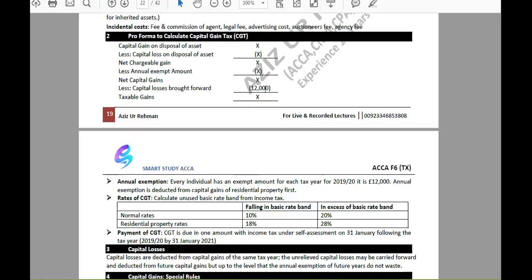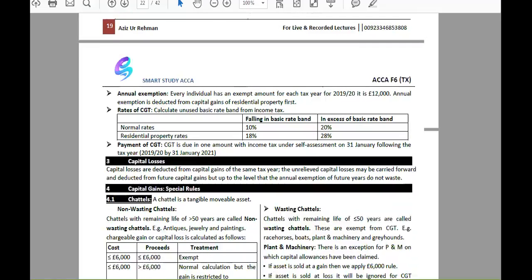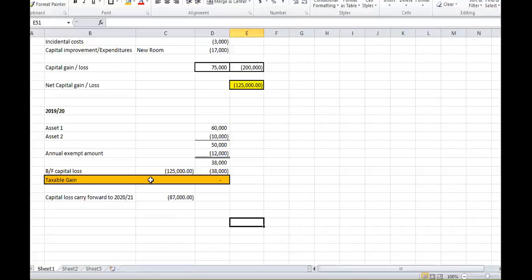Before moving forward, I'm going to explain two terms. Please be attentive. Taxable income.